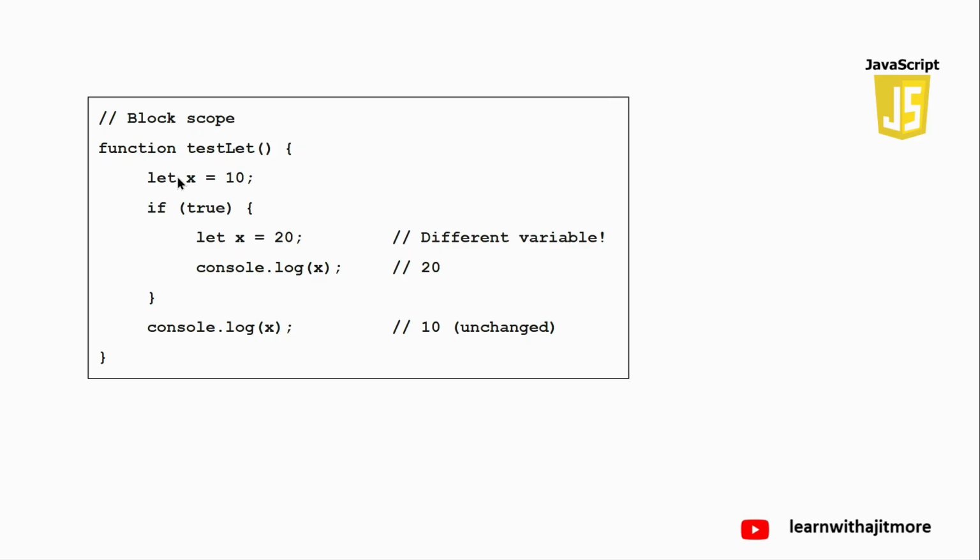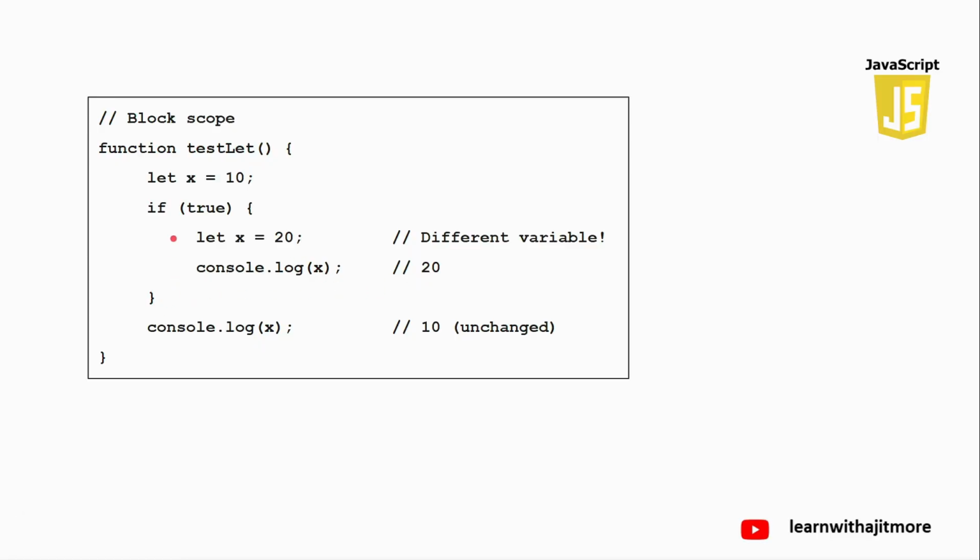See here, this let is having scope in that function. This outer let x is having scope in this whole function. But again, within the block, you have created x. So now that x is hidden. This x is now nearest. So again, a new x is created for if level, that x 20 is printed.